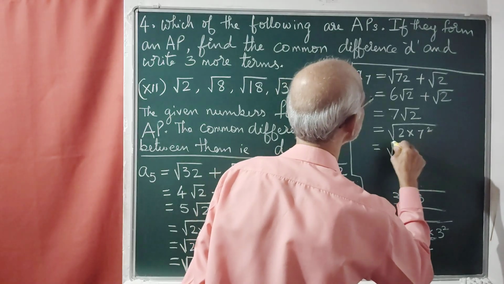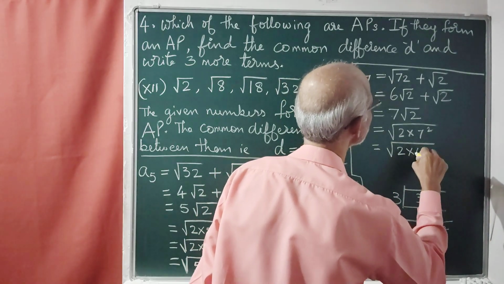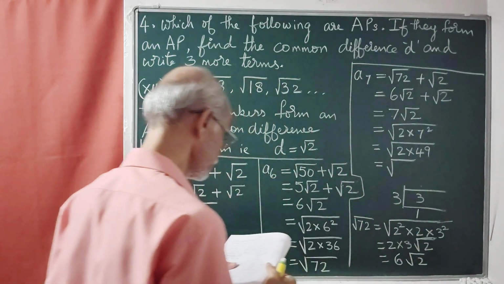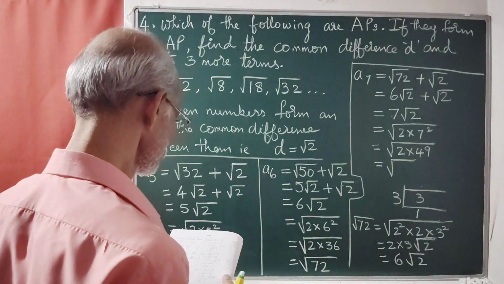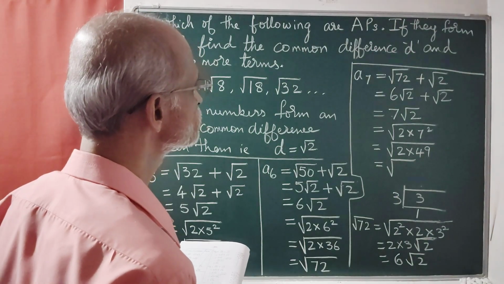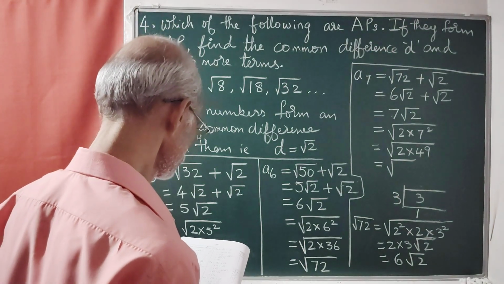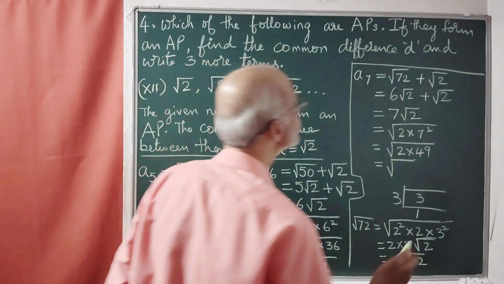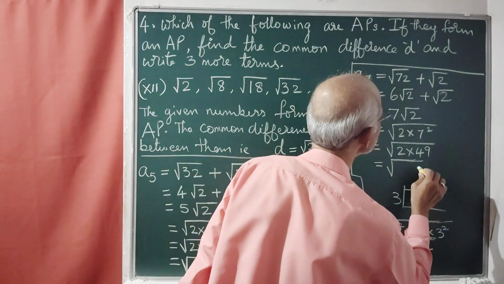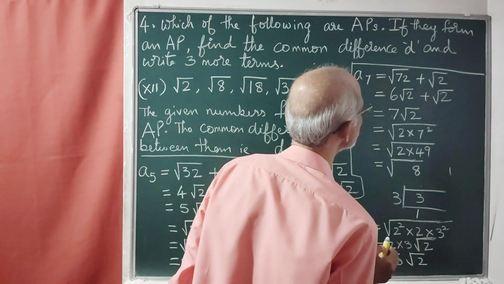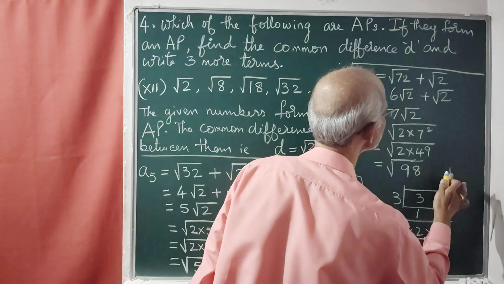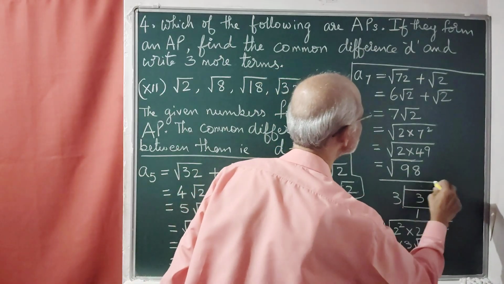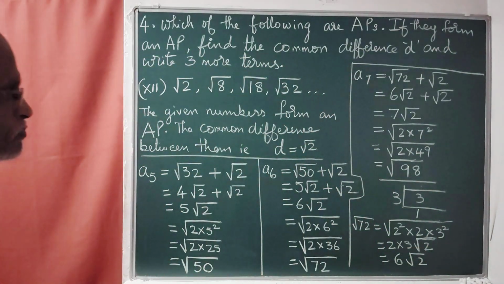So what do we get? Root of 2 into 49, which is root 98. So A7 is root 98.